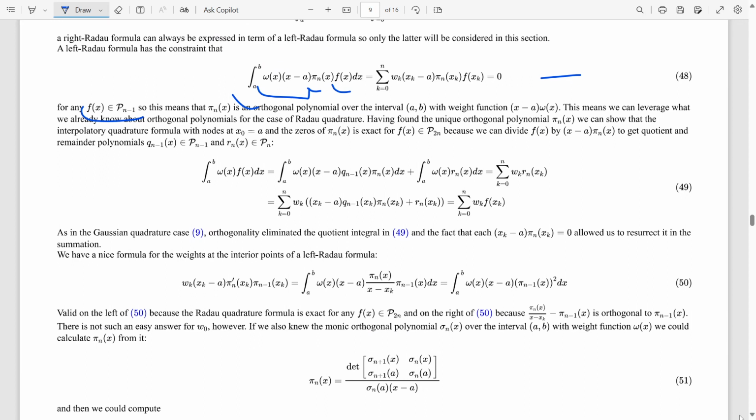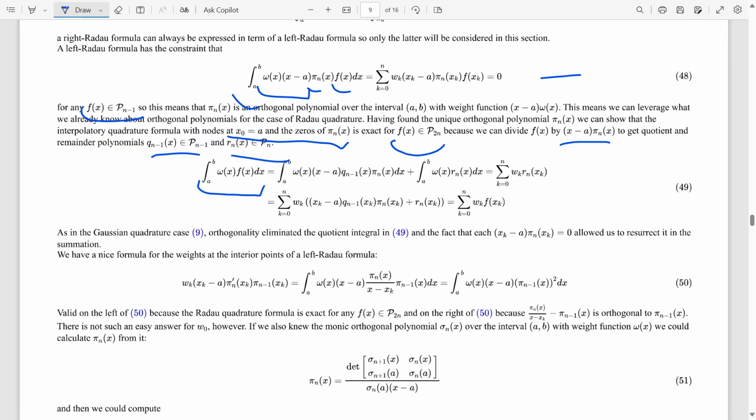Then, having found pi n of x, we prove that the interpolatory quadrature formula with nodes at x naught equals a and the zeros of pi n of x is exact for f of x, any polynomial of degree at most 2n. So we're going to try to evaluate this polynomial by our quadrature formula, and we're going to divide f of x by x minus a pi n of x to get quotient and remainder polynomials.